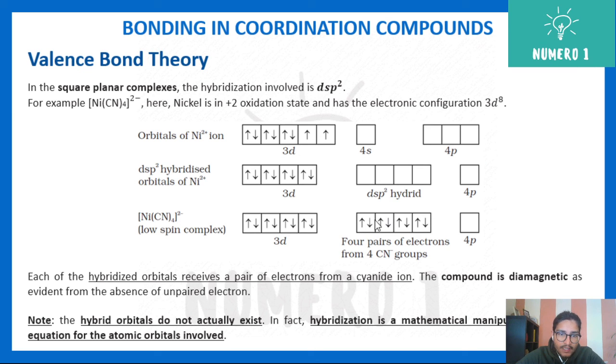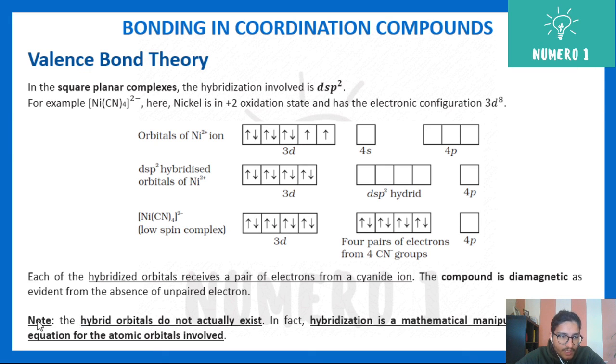That is how you will get your square planar complex. Each of the hybridized orbitals receives one pair of electrons from the cyanide ion, that's your ligand here, and the compound is diamagnetic, as there are no unpaired electrons.